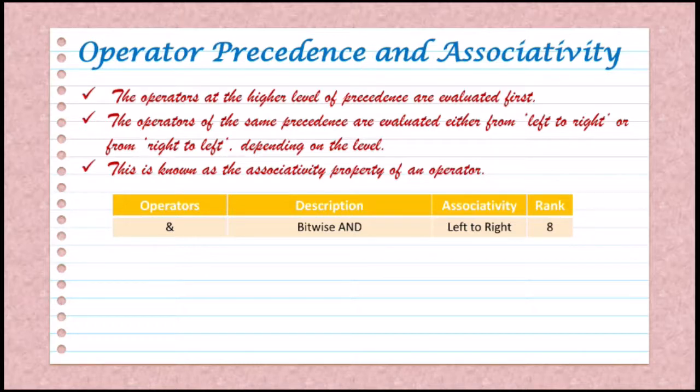Next one is bitwise AND, and it has 8th rank and it works from left to right. Next one, bitwise XOR, and it works from left to right and it has 9th rank. Next one, bitwise OR, and it has 10th rank.